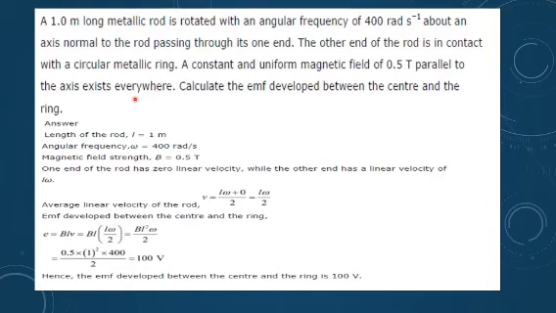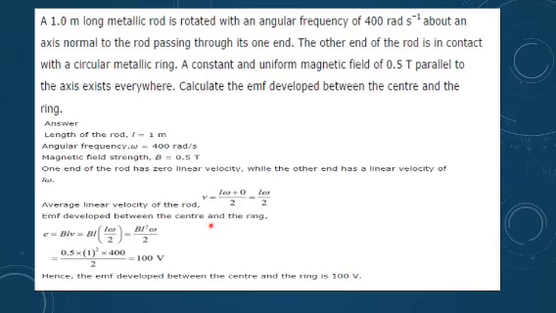So it means your maximum value will be again acting, because they have given you the magnetic field strength as 0.5 Tesla and the direction is parallel to the axis. You have to calculate the EMF which is developed between the center and the ring.